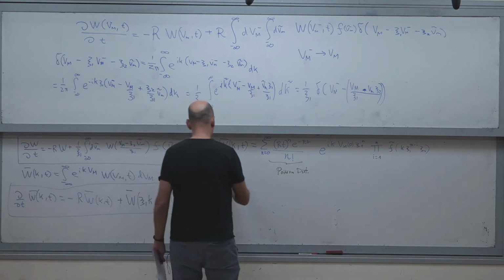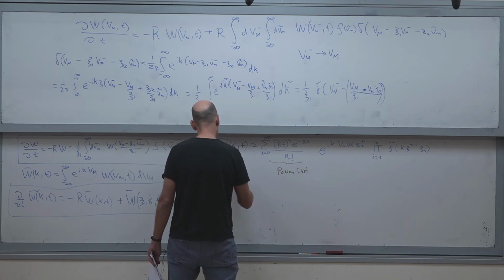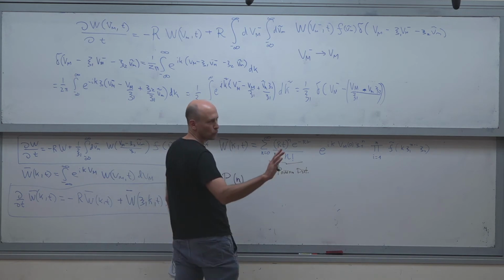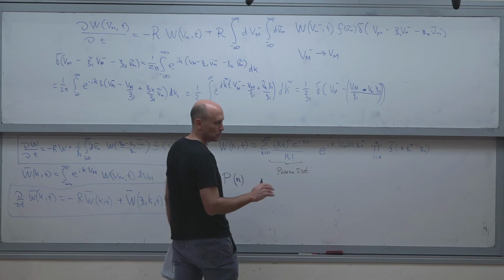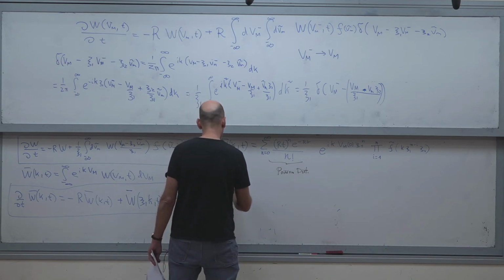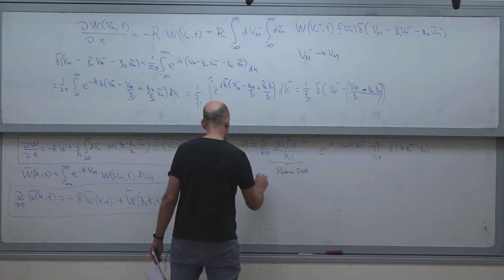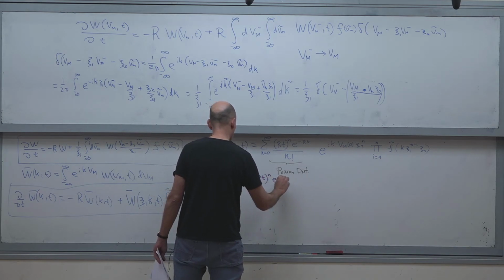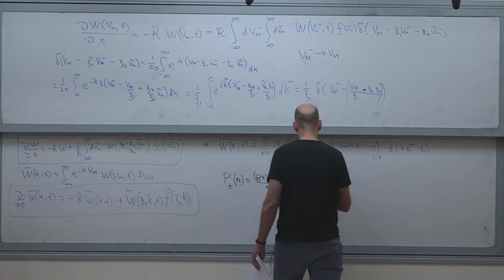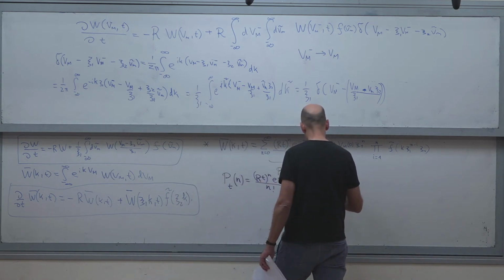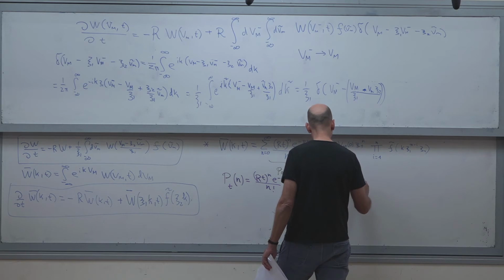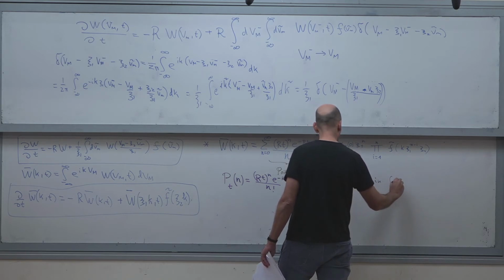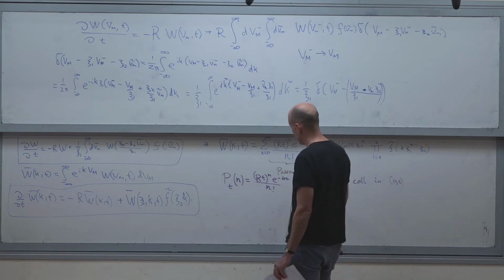P_n(t) is (rt)^n e^(-rt) over n factorial. That is the probability of n collisions in the interval 0 to t. And it's a famous distribution, the Poisson distribution.